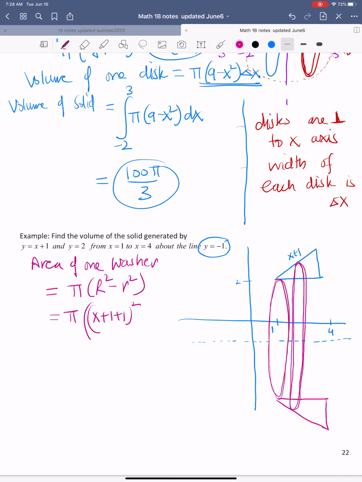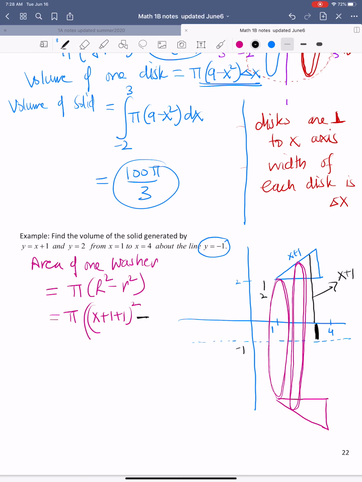Why am I adding the 1? Because the y value from here to here is x plus 1, but your radius is actually all the way up to here. So I add that extra 1, because your axis of rotation is y equal to negative 1. So this is your outer radius minus the inner radius.